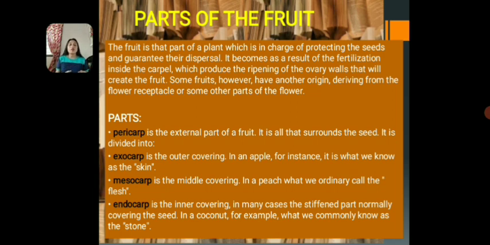While the mesocarp is the middle covering, in a peach what we ordinarily call the flesh. And the endocarp is the inner covering, in many cases the stiffened part normally covering the seeds, in a coconut, for example, what we commonly know as the stone.